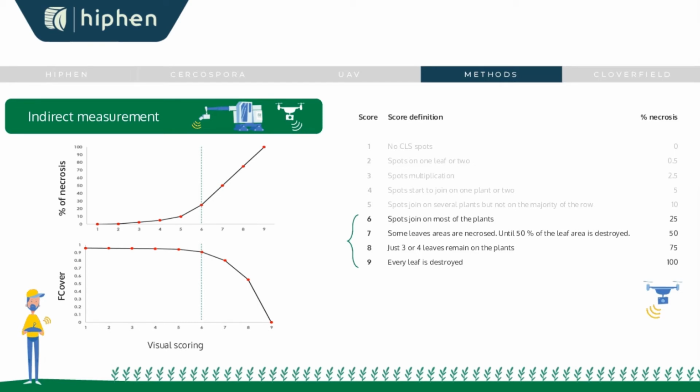I'll show you in a second how we do that. But the important thing to know is that this is done when we start to hit score 6. Effectively, it means that breeders would typically stop the trial when they hit score 6 or 7, because that's when you only rely on visual scores.